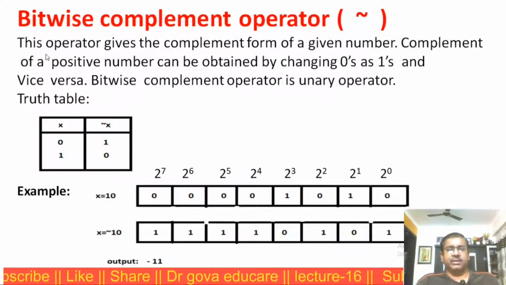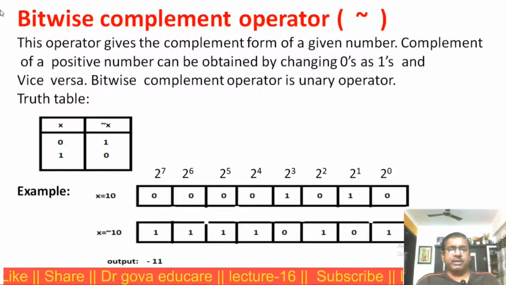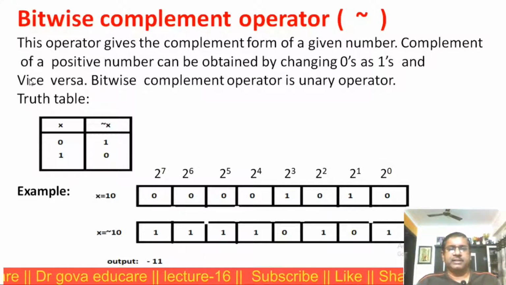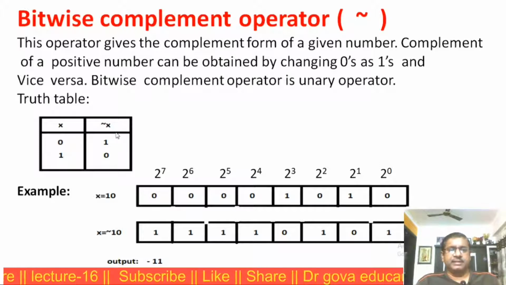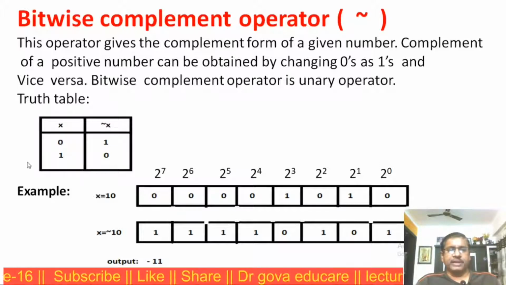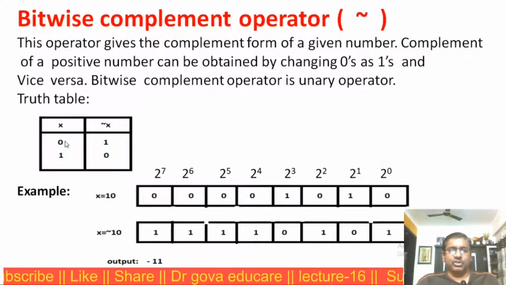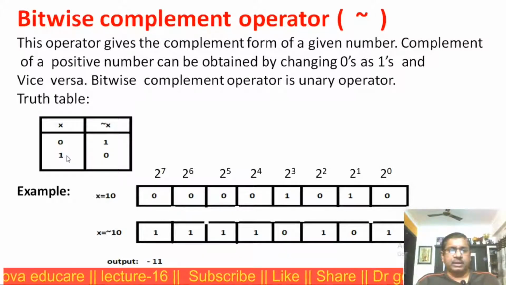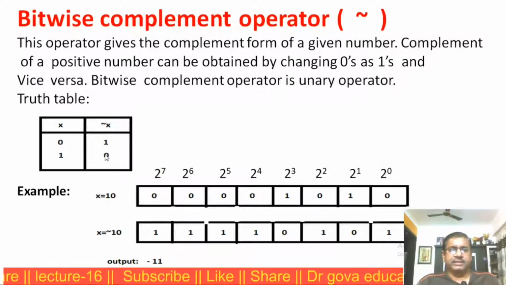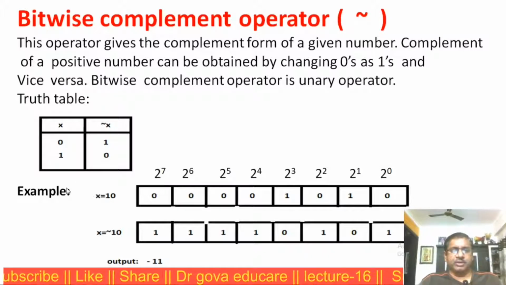This is the truth table for bitwise complement operator. This is x, this is the complement of x. 0, the complement of 0 is 1. 1, the complement of 1 is 0. Say this is the example.